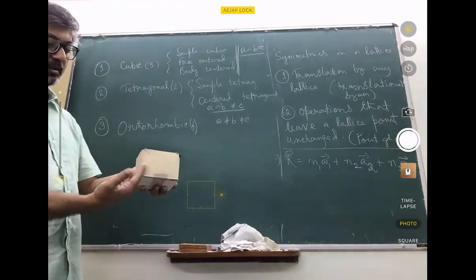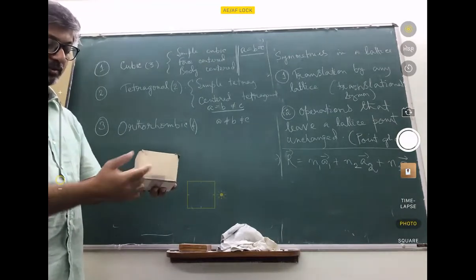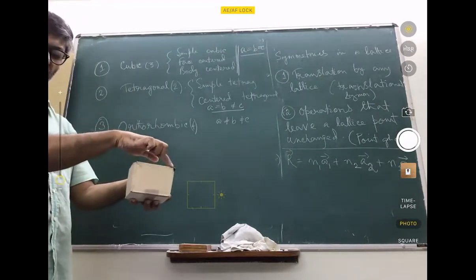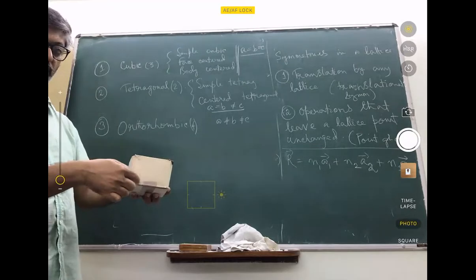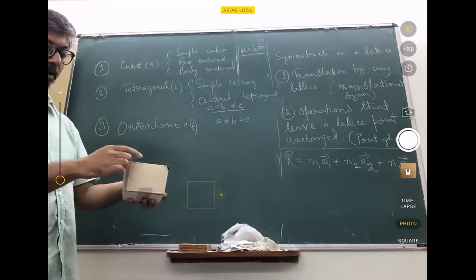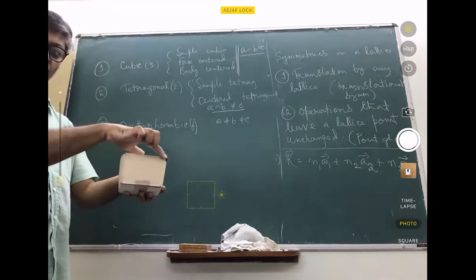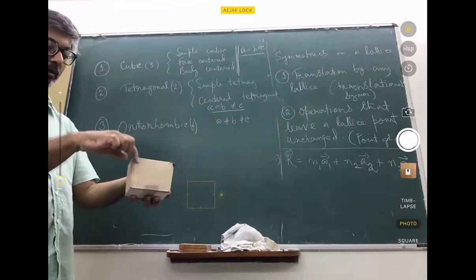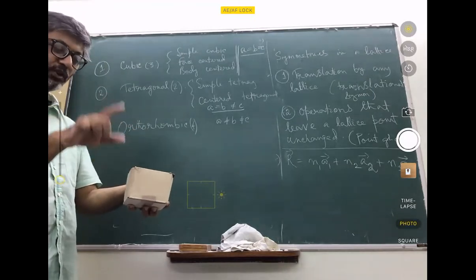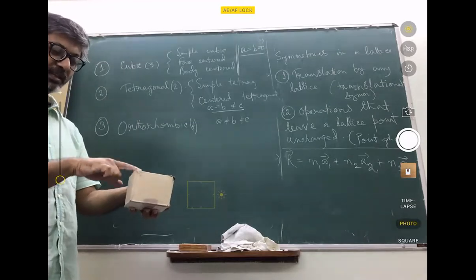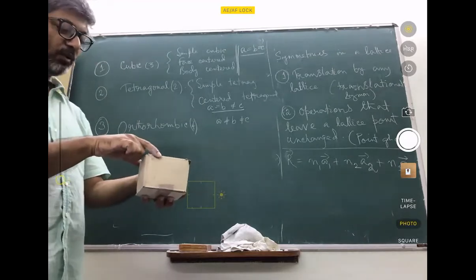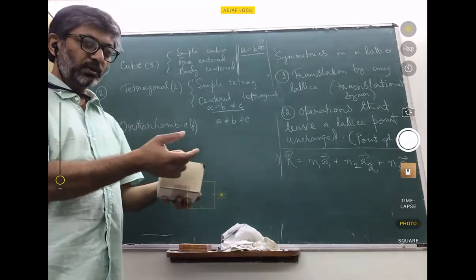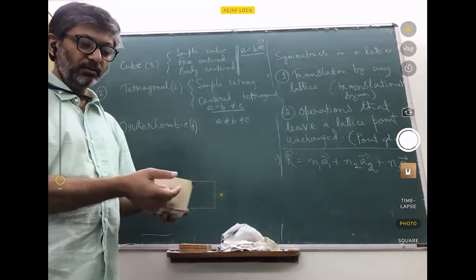Now what I do is, suppose this is the C axis, I still have a square face perpendicular to it. Now suppose I distort this face. I'm sorry, it's not a square face, it's a rectangular face because A is different from B. So now I distort this rectangular face into some general parallelogram.